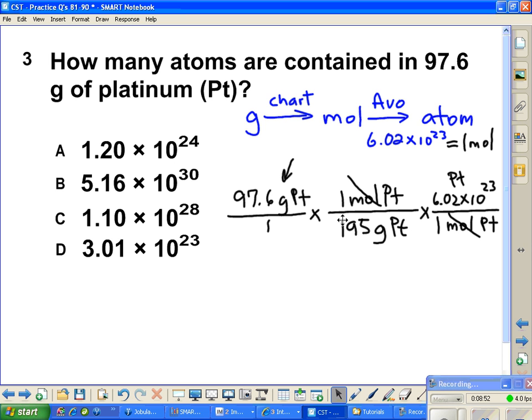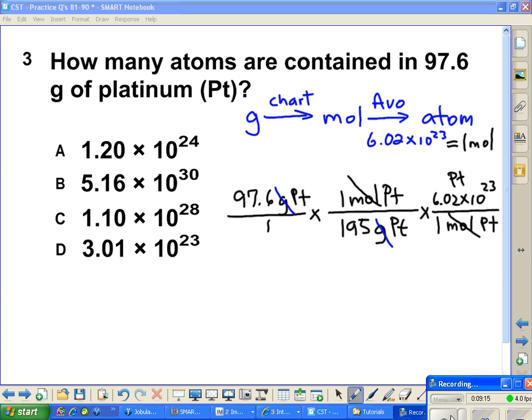Now all I need to do is realize that my 195 here is 2 times this 97.6. When you divide 97.6 into 195, you get 2. So I'm going to rewrite it here while I take a pause. Now you'll see that this number cancels with this one to give a 2 down here, because I divide them both by 97.6.